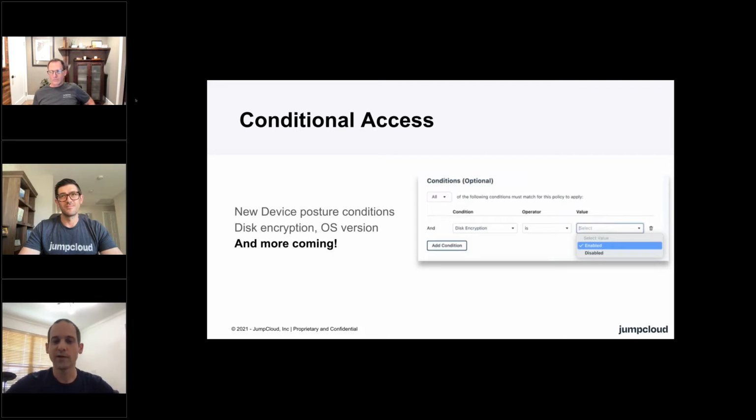And by reading device posture, by having the ability to identify whether that device is encrypted, whether that OS version is updated and is one of the ones you allow within your IT organization, and many more posture conditions, you can now look at that device and say, am I willing to accept access to this application from that specific device in its current state? This is going to be a really interesting investment area for us, both in the coming quarter and throughout 2023.